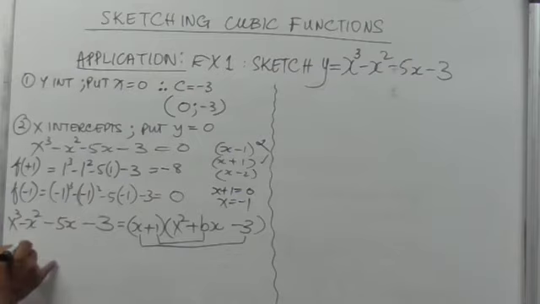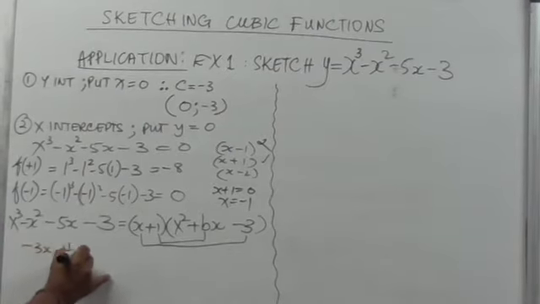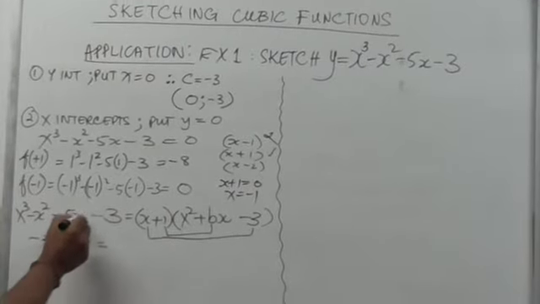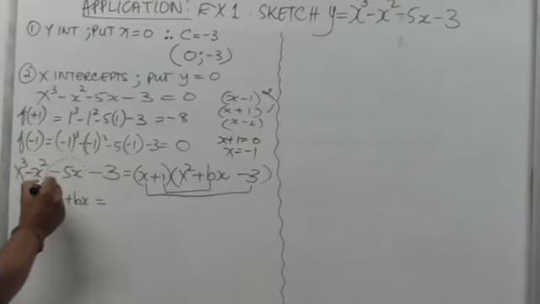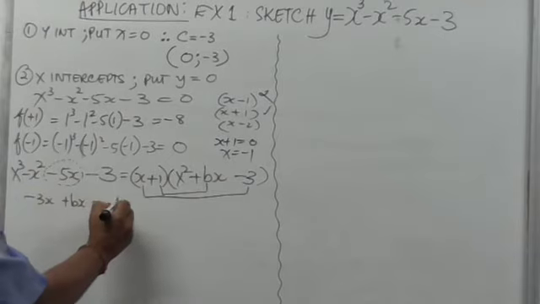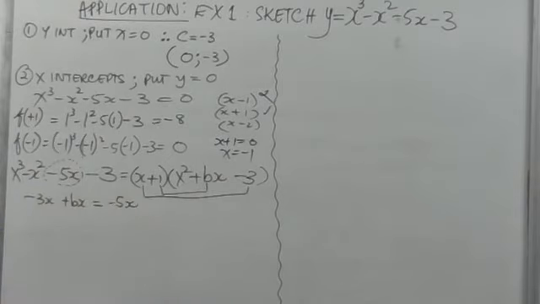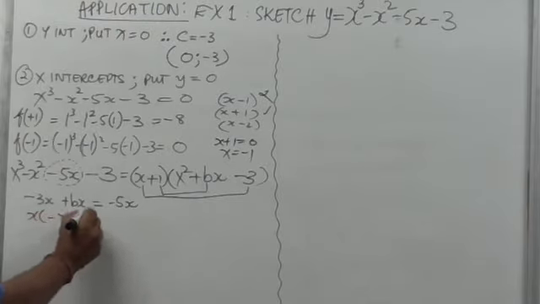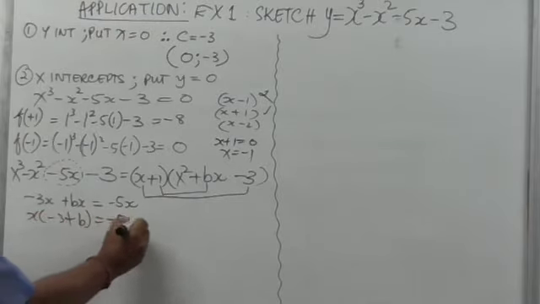If you take that, it will be minus 3x plus bx is equal to minus 5x. Then x into minus 3 plus b is equal to minus 5x.